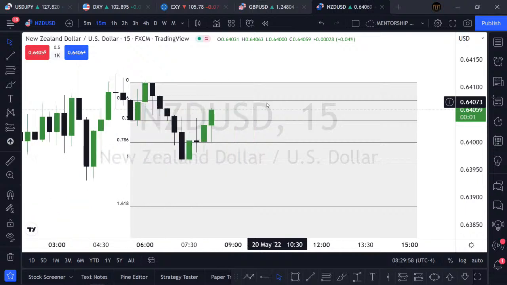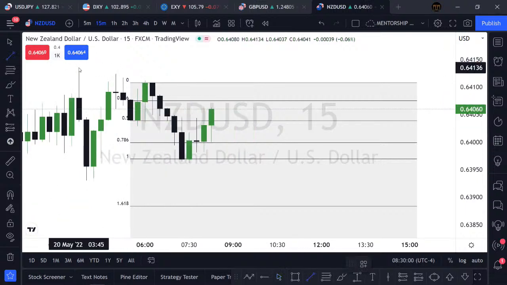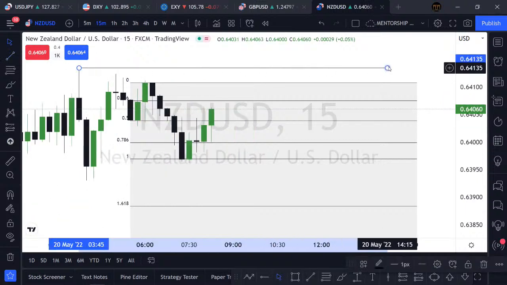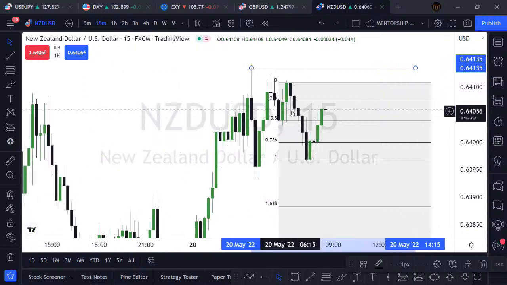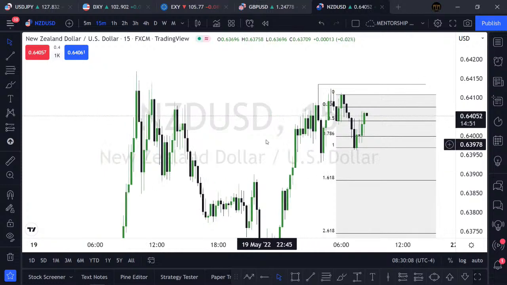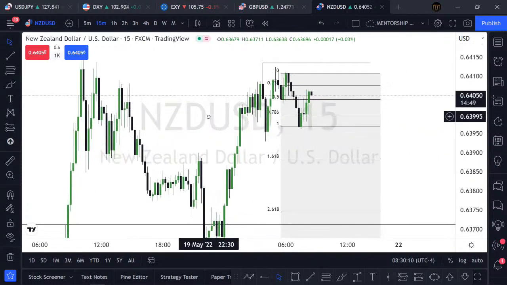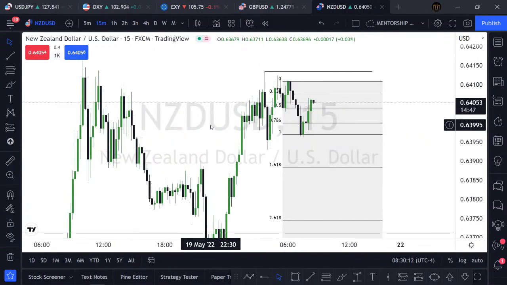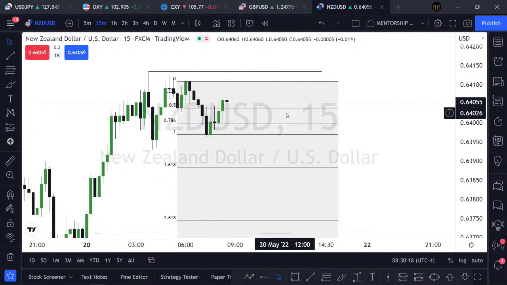Sell right here, put my stop loss above, or maybe, okay, I'm just looking for a few pips. Something like 100 pips, sorry, something like 50 pips. That is what I'm looking for.